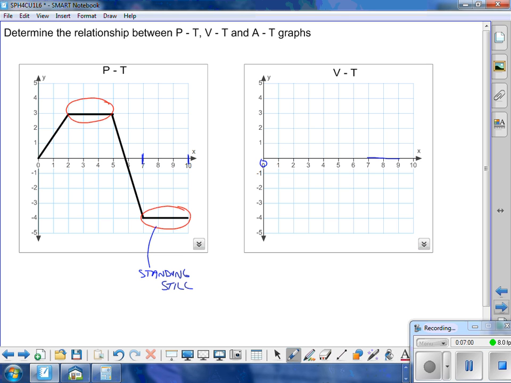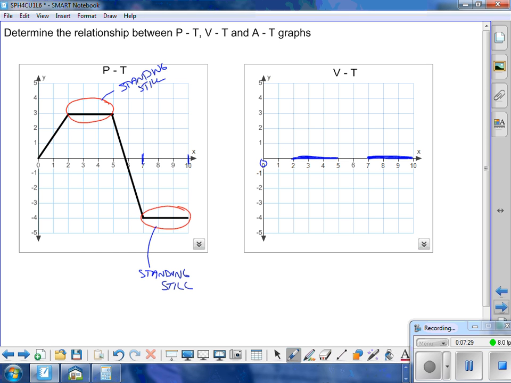I'm going to exaggerate it so you can see, but there is a line from 7 to 10 because I'm not moving. Similarly, in this region, you're also standing still. So from 2 to 5 seconds is also sitting on this line. You're not moving, velocity is 0.